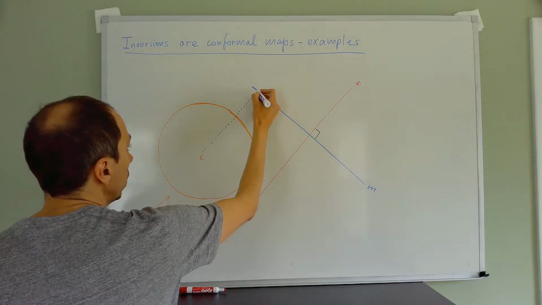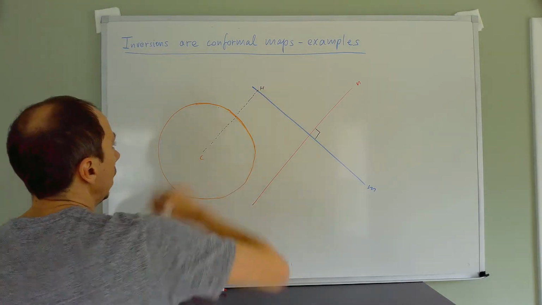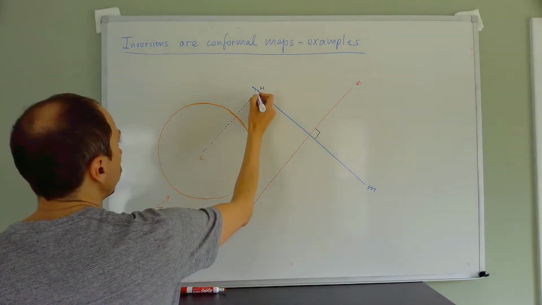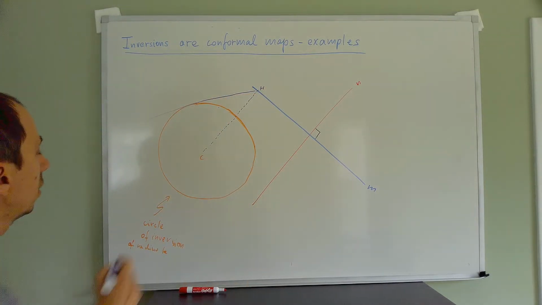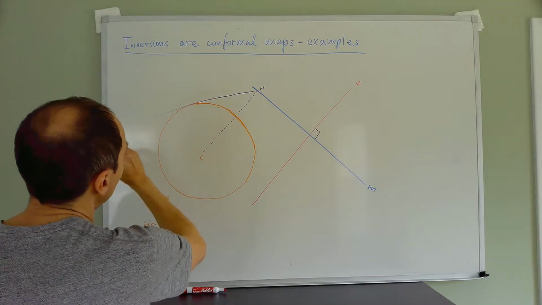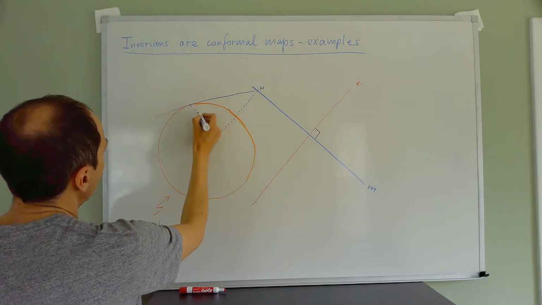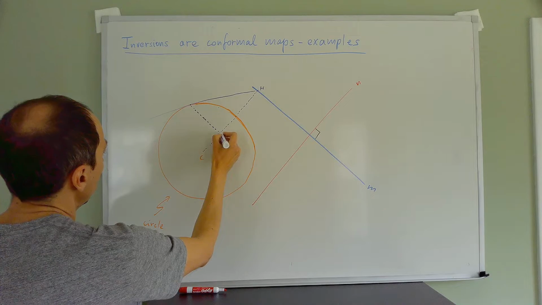So of course the point is, here's a point H, and I would like to know where this point goes. So again, I draw a tangent line from here. I'm really getting good at drawing tangent lines. Okay, it intersected somewhere here. Go perpendicularly, and that's H prime.